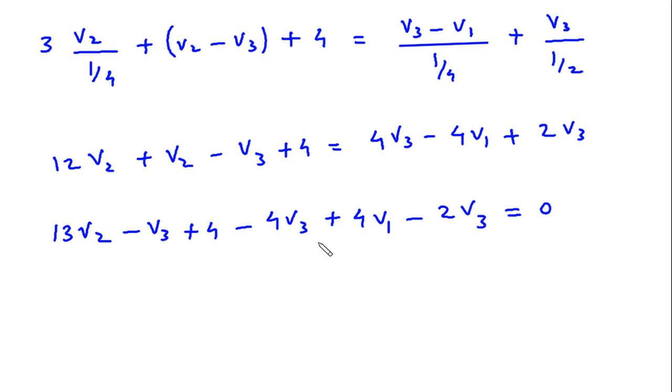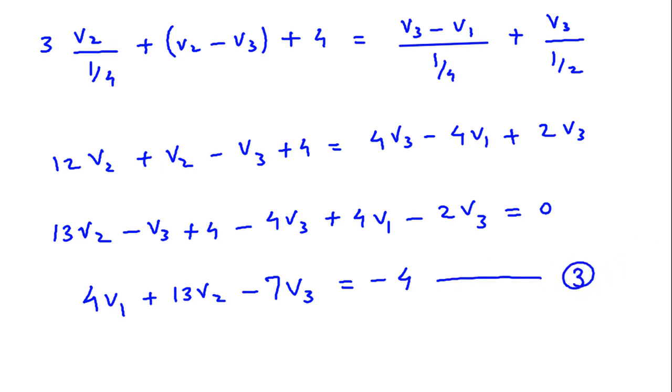So this will be 4V1 plus 13V2, then minus 1 minus 4 is minus 5, minus 2, minus 7V3 is equal to, this 4 goes on right side, so minus 4. Let's say this is equation number 3.